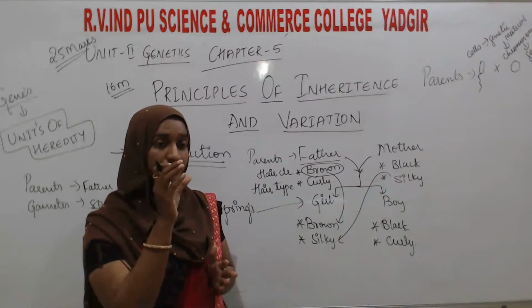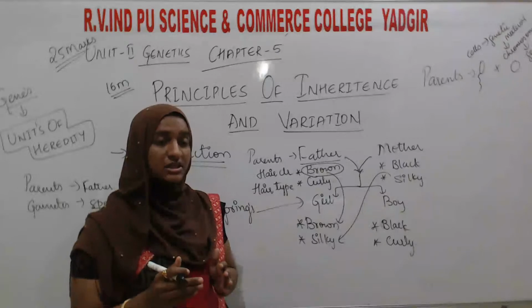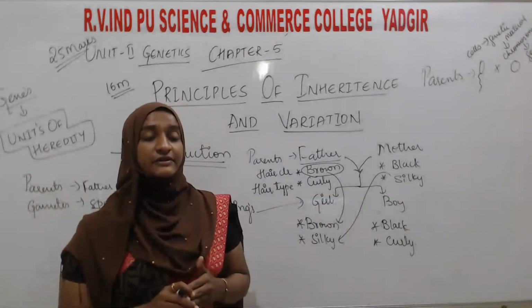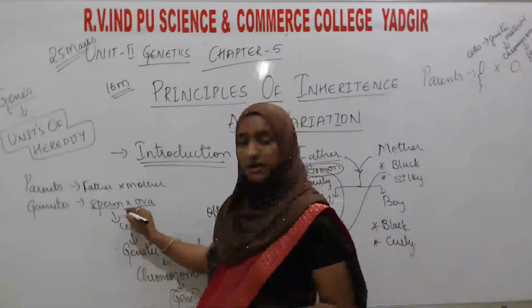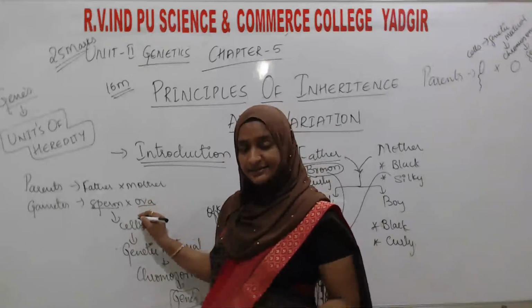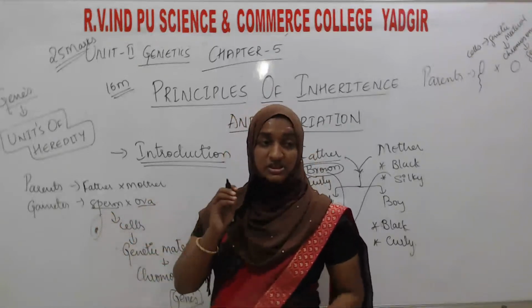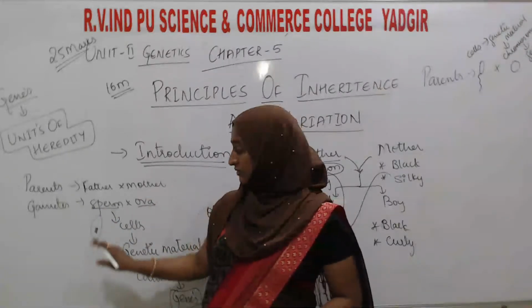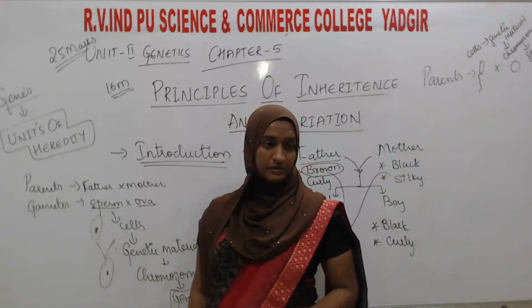That process of transferring the characters from one generation to another generation, we call heredity. How is it going to transfer? Through the genes. Because the sperm and ova are cells, they have their own genetic material, meaning they have the genes, which are going to transfer to the next generation.